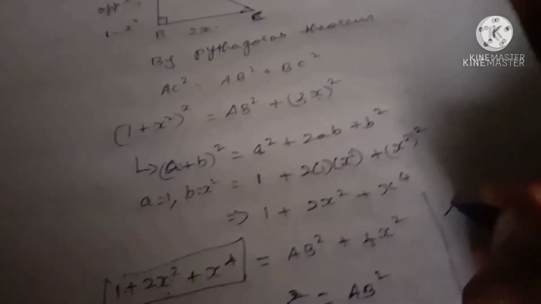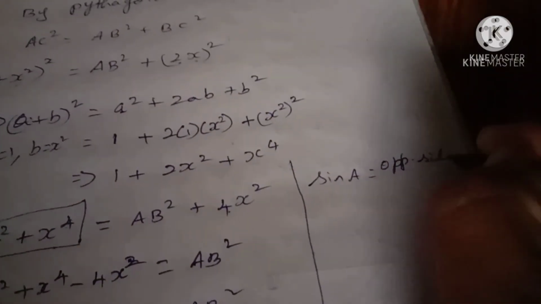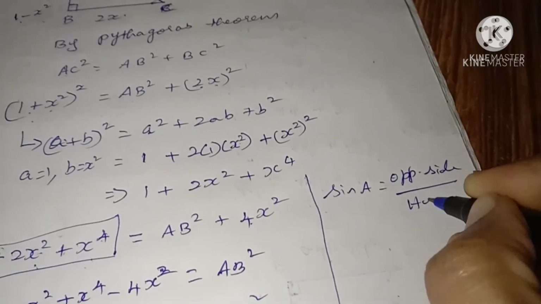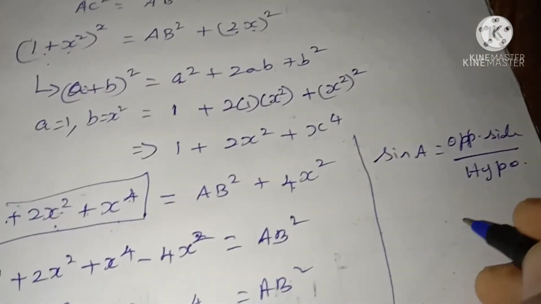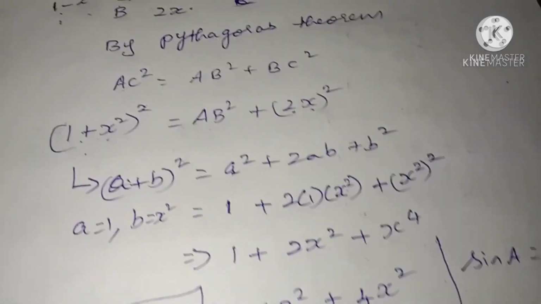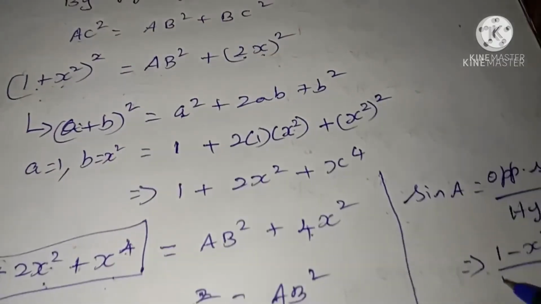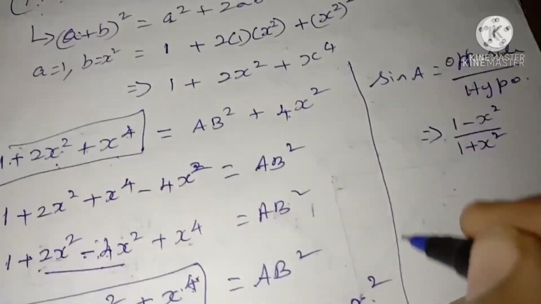Now you have to find out sin A. Sin A is opposite side by hypo, which is equal to opposite side 1 minus x square, hypo is 1 plus x square.